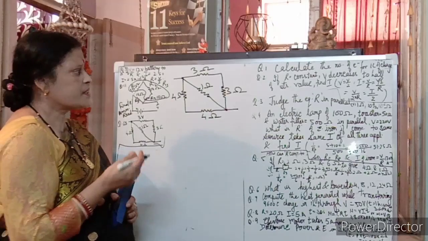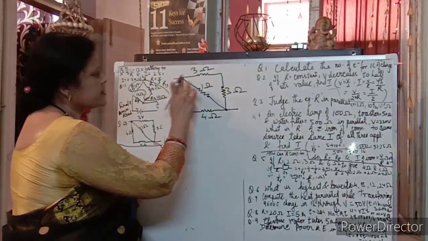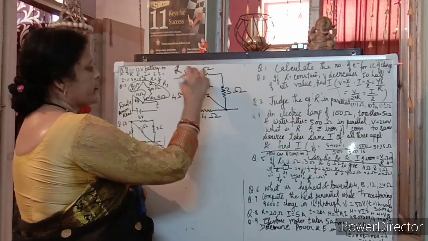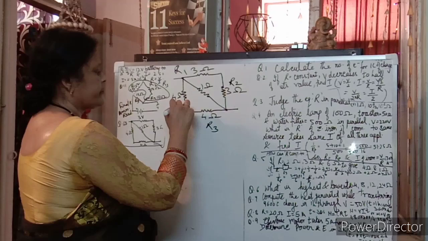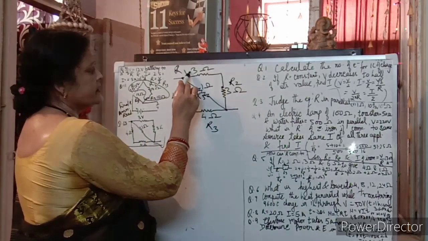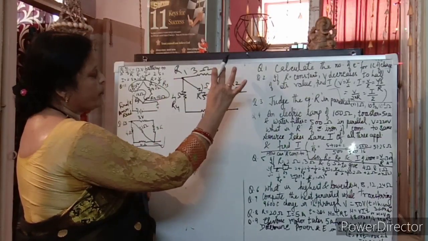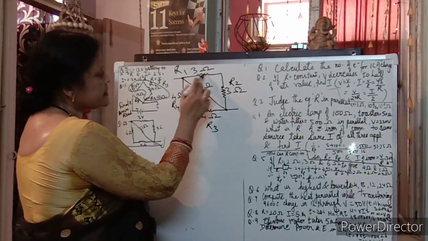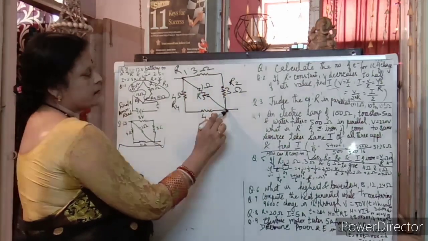What will we do? We'll just open the wire. Simplify this wire. This is one wire connected. Suppose R1, R2, R3, R4, R5. Clear? So, 1, 2, 3, 4. First we will open this. Right? This is the same wire.